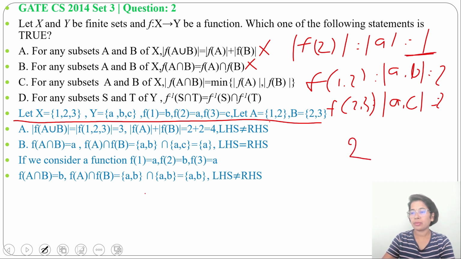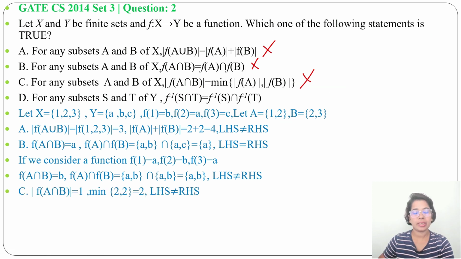So the LHS is 1 and the RHS is 2. Both are not the same, so option C is also false. The cardinality of f(A ∩ B) is not equal to the minimum of the cardinalities of f(A) and f(B).